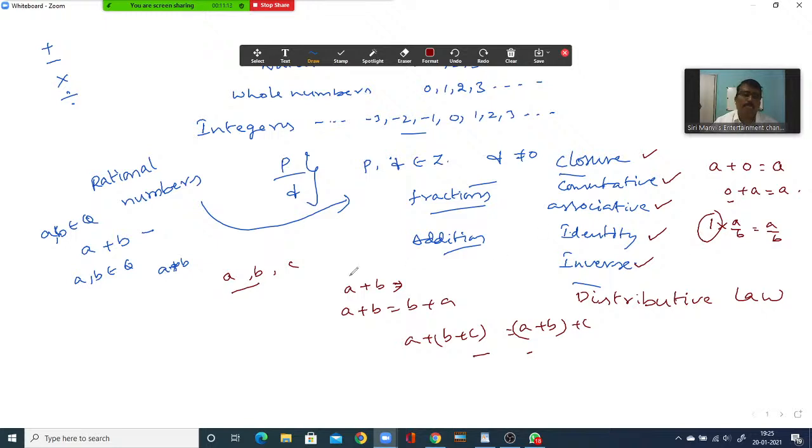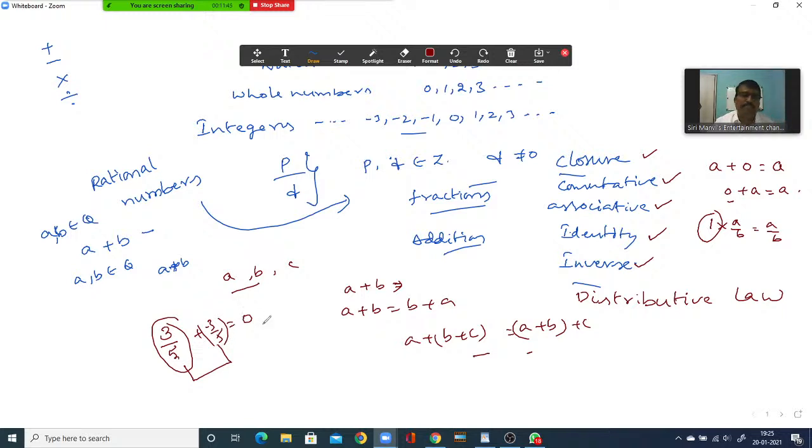Next, inverse. What is the additive inverse of 3 by 5? When we add minus 3 by 5 to 3 by 5, we get 0. Then we can say that 3 by 5 and minus 3 by 5 are additive inverses of each other.